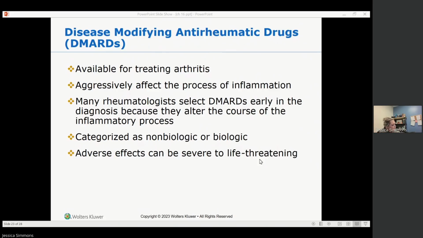So there are, let's see, what are my list of drugs? So anti-arthritis agents are in table 16.3, page 281.